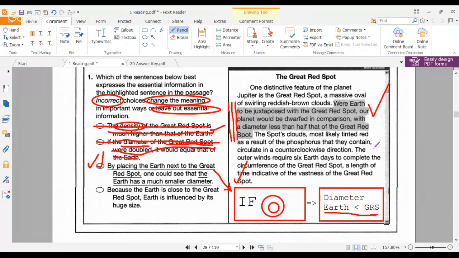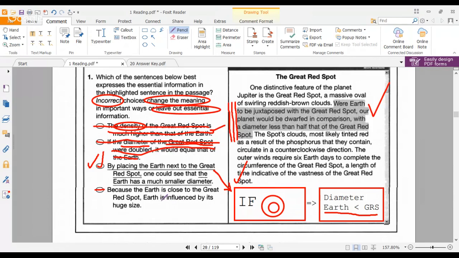You don't read it. Okay, very quickly, what's wrong with option D? It leaves out essential information. Which one exactly? Because in this passage they are talking about the huge size and close.